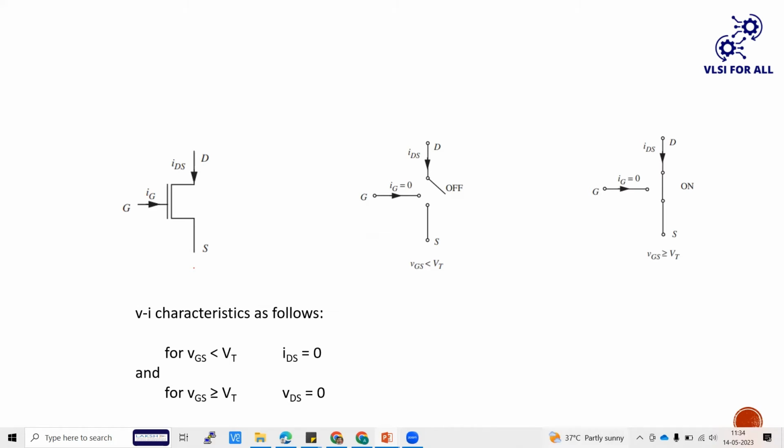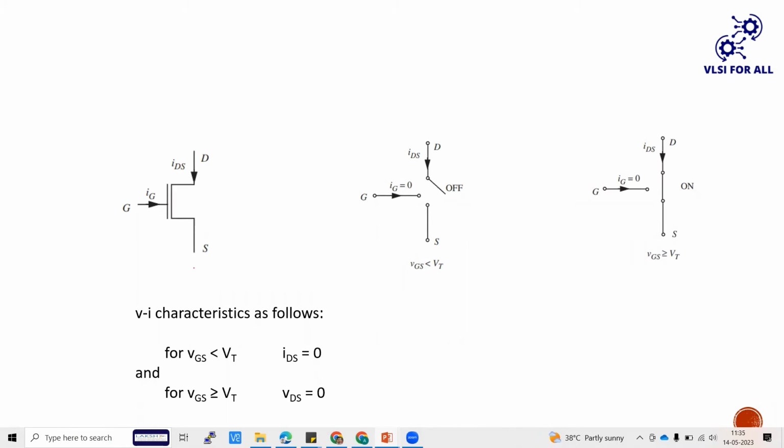Similarly, whenever VGS is greater than or equal to VT, the device enters into on state. If the device enters into on state, the MOSFET can act like an on switch so that the current flows from drain to source. Hence, the current from drain to source is IDS.